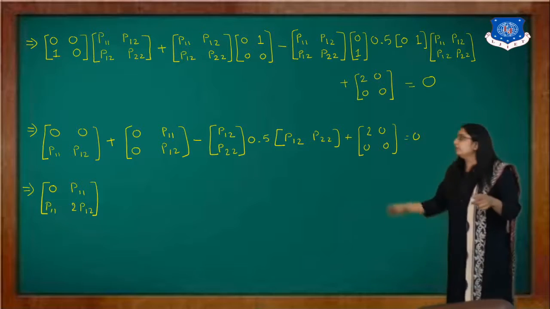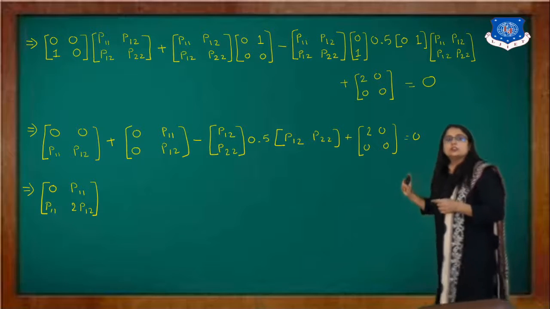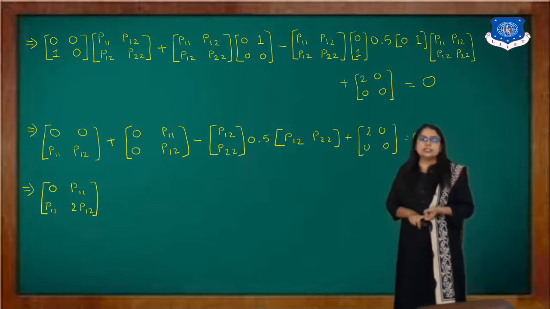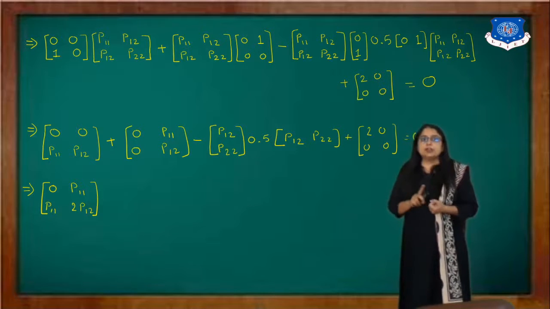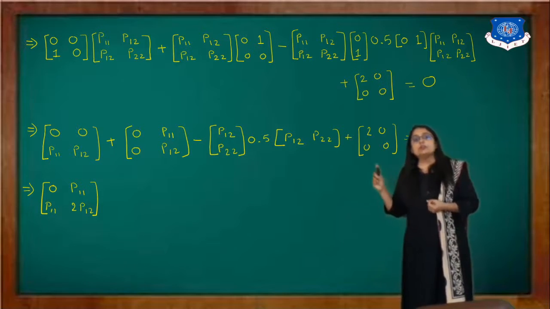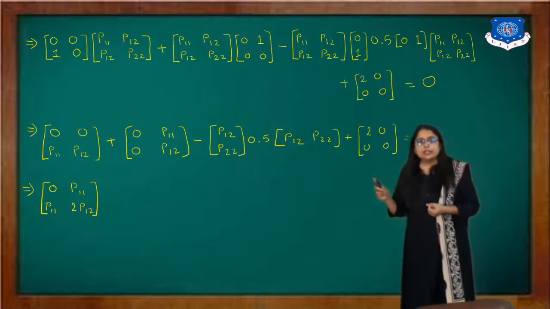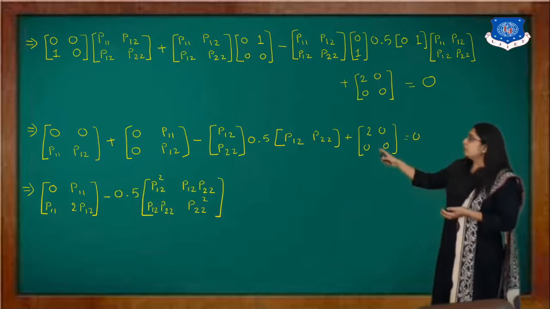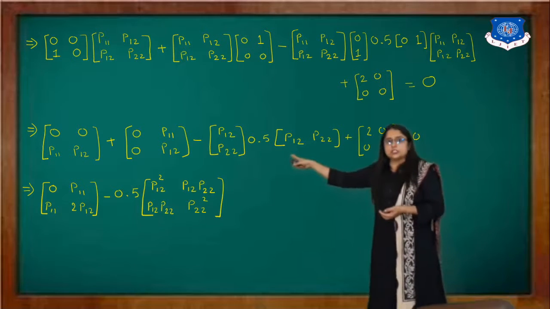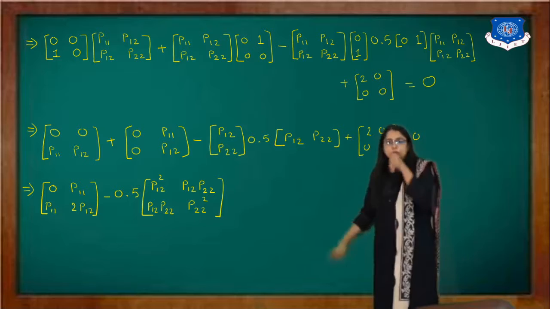Now here we will add these two matrices. So 0 with the 0, we get 0. 0 with the P11 is P11, then P11, and P12 plus P12 gives 2P12. Then here minus 0.5, that is constant, and we multiply these two.